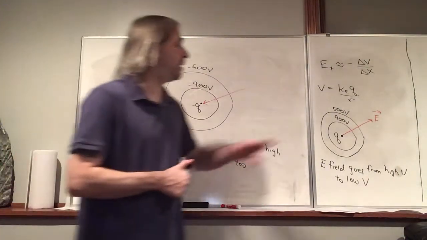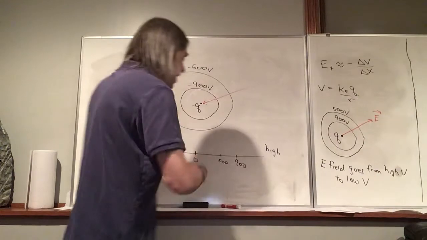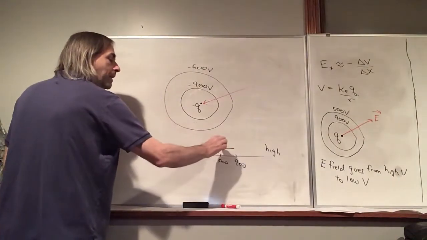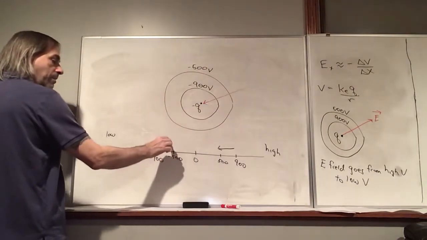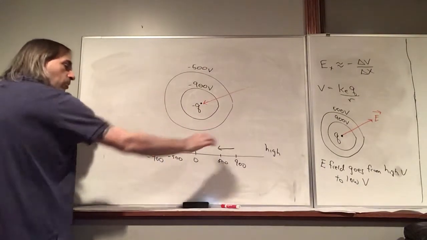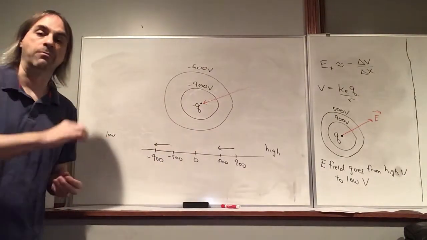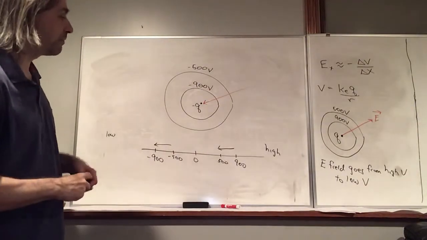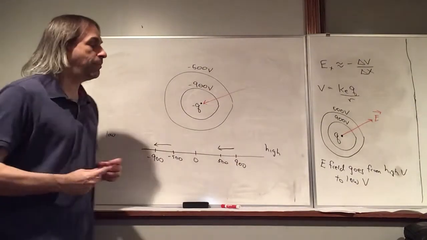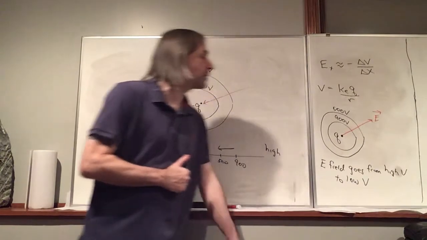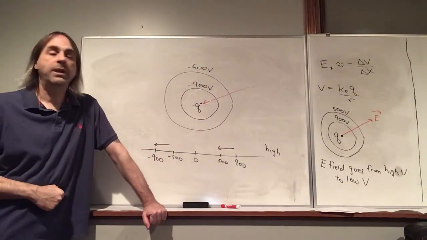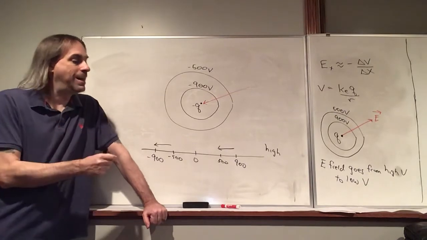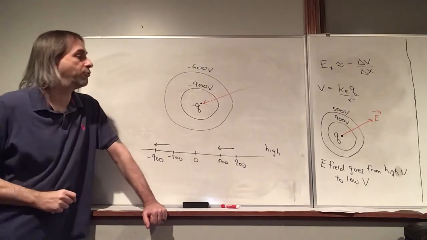So if we look at here, going from 900 to 500, we're going from high to low. If we go this way, we're going from minus 500 to minus 900. We're still going in the same direction from higher numbers to lower numbers. So that's one thing that we can see about the connection between electric fields and the electric potential, is electric fields go from high potential to low potential.